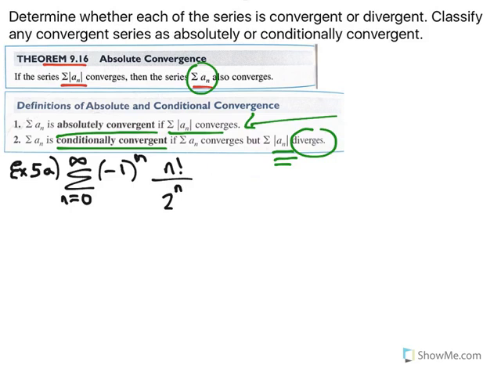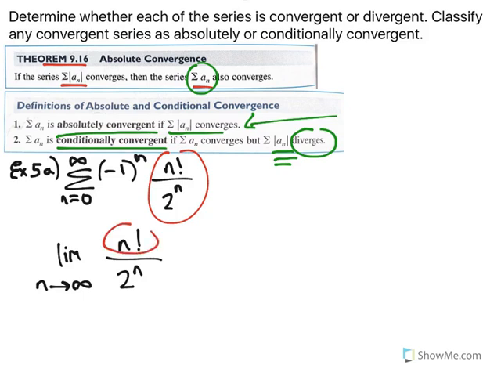So let's take a look at example 5a here. If you look at a sub n and take the limit of a sub n as n goes to infinity, one thing that you need to know is that when you compare n factorial to 2 to the n, 2 to the n is an exponential function, but n factorial has a much faster rate of increase than exponential functions.